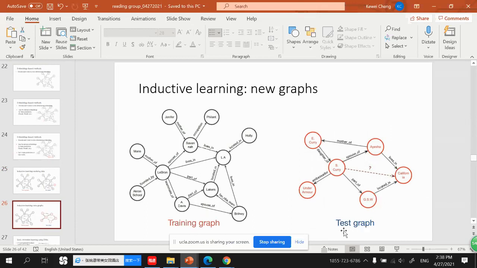This entirely new graph has a totally different set of nodes compared to the training graph, but they might share the same underlying structure. If the model is smart enough, it should be able to learn the underlying structure and transfer the knowledge to the new test graph in order to predict the link.